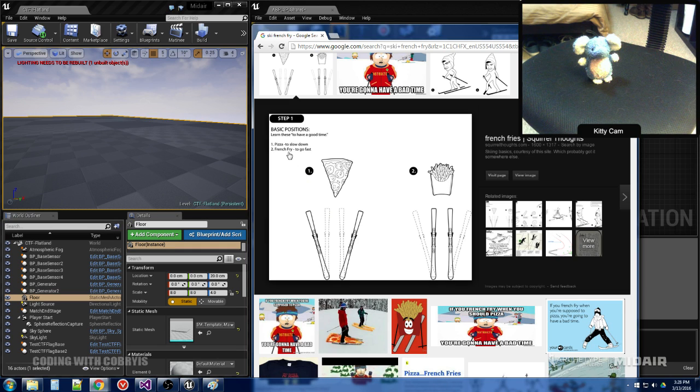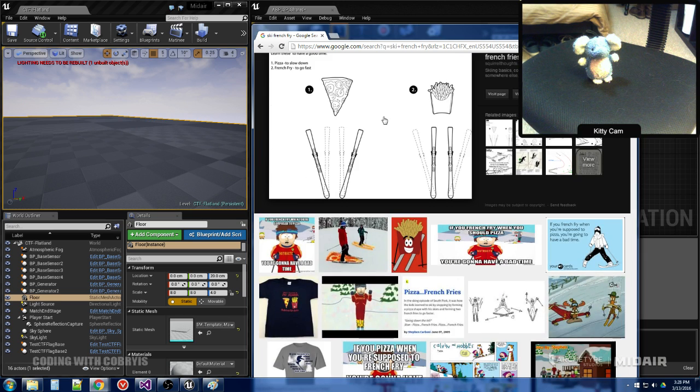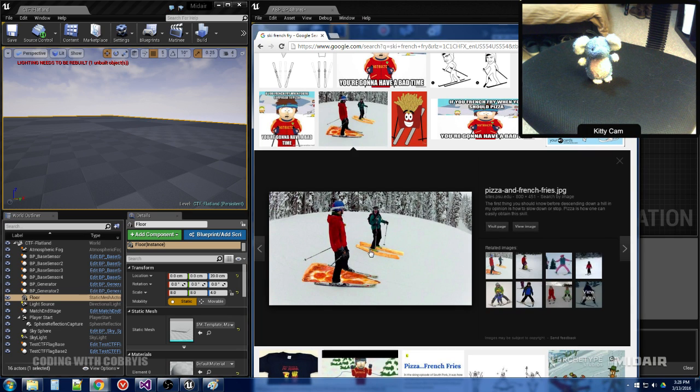Yeah, okay, French fry to go fast. Nailed it. Here, this I think explains everything you need to know. These will be exclusive skins for me.